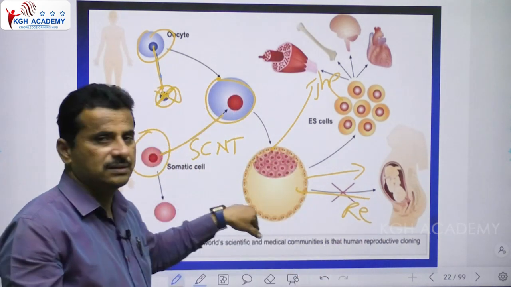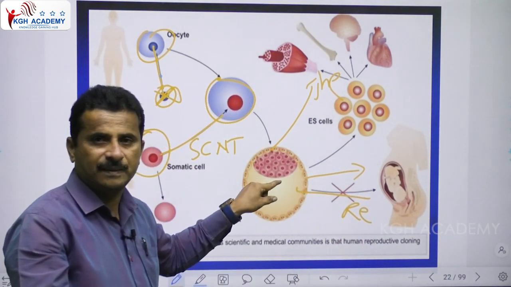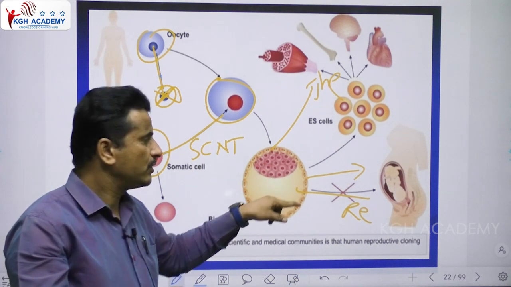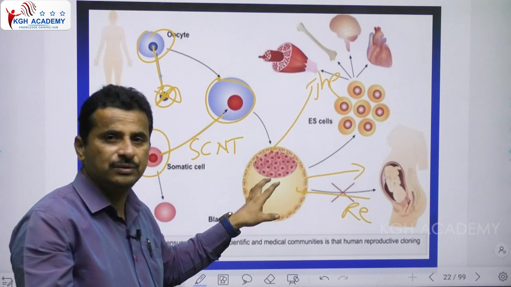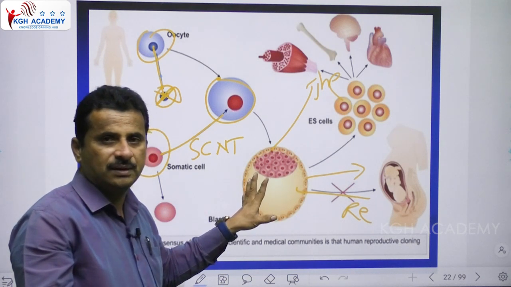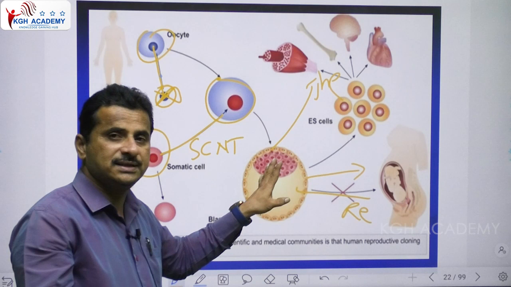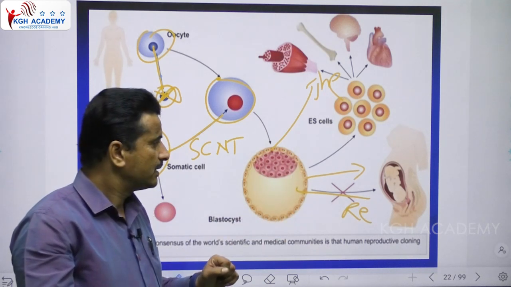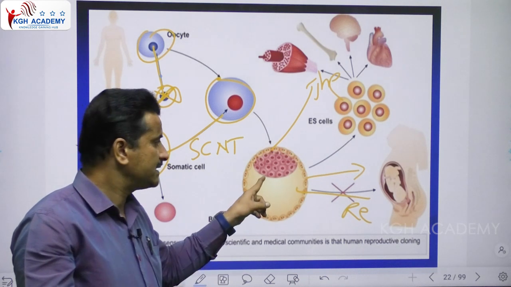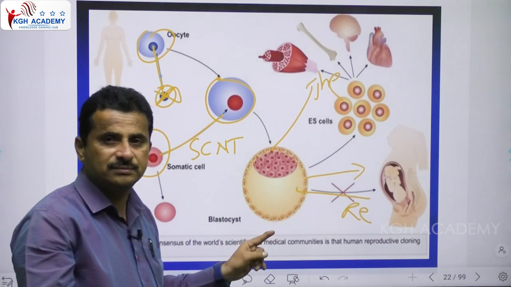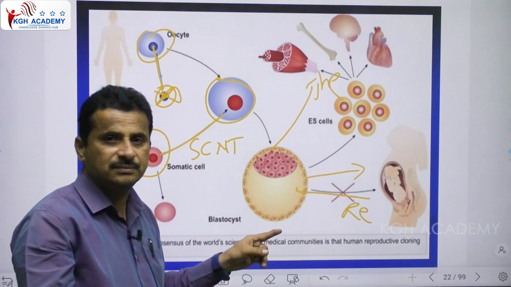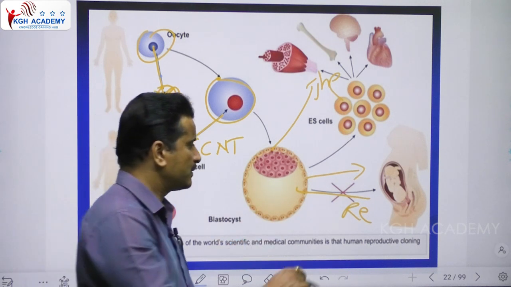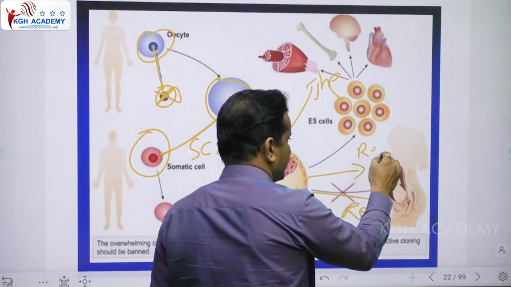Up to here, the method is the same. That means through somatic cell nucleus transfer, producing an embryo is the same up to here. From here, how we utilize this embryo, based on that, there are two types of cloning. Utilizing this embryo to produce another organism, another animal of the same type, is called reproductive cloning.